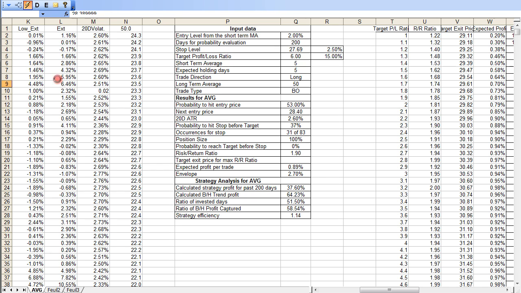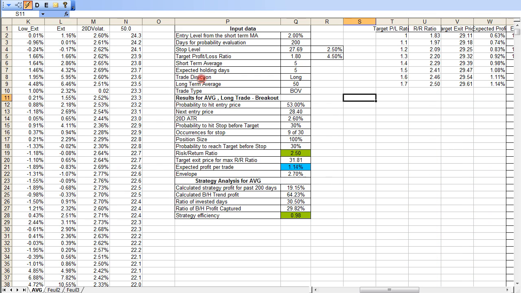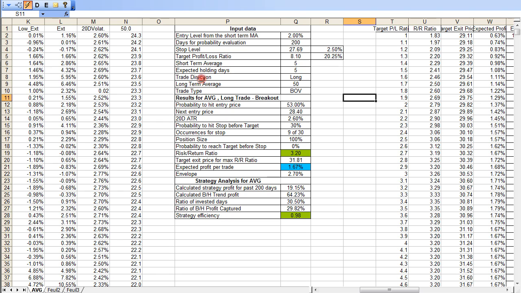Okay, so we can see that we already found one good spot. The risk return ratio is just above 2. It's okay. If we try a breakout on volume for the same price, it's much faster because you have fewer occurrences of this breakout on volume, but the risk return ratio is much better.